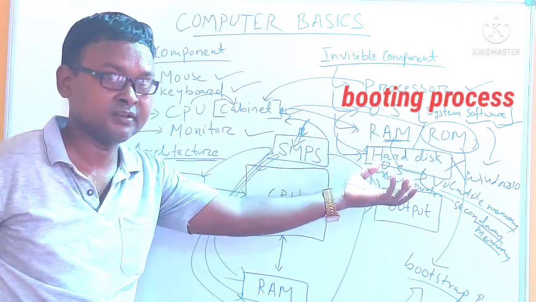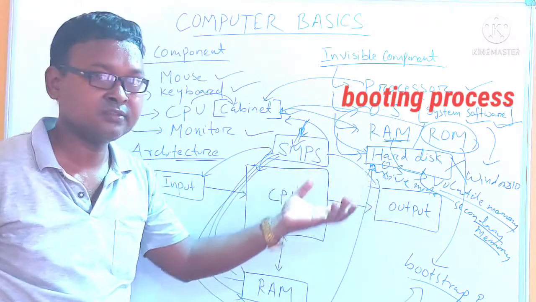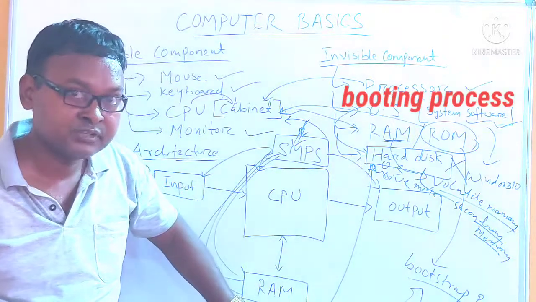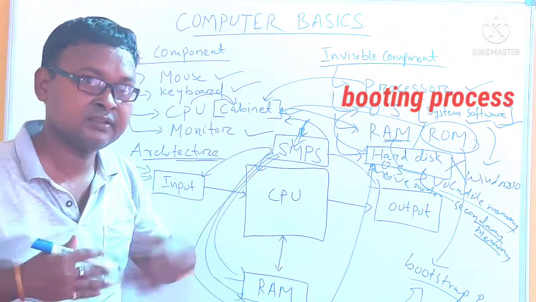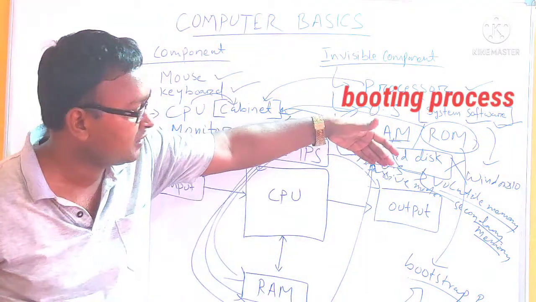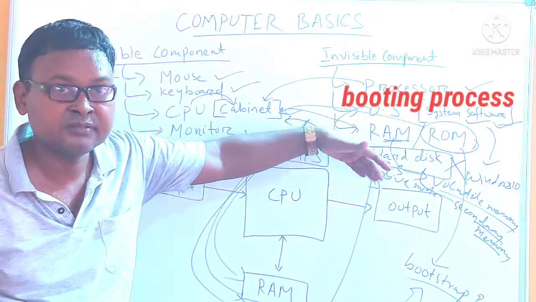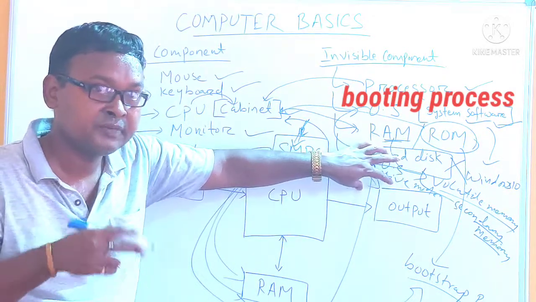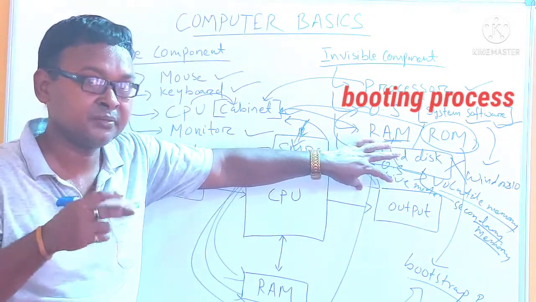That means it runs the operating system. This process is known as the booting process. From SMPS to ROM, the bootstrap program will run. It attacks the operating system stored in your hard disk and plays the role of activating and running the operating system.